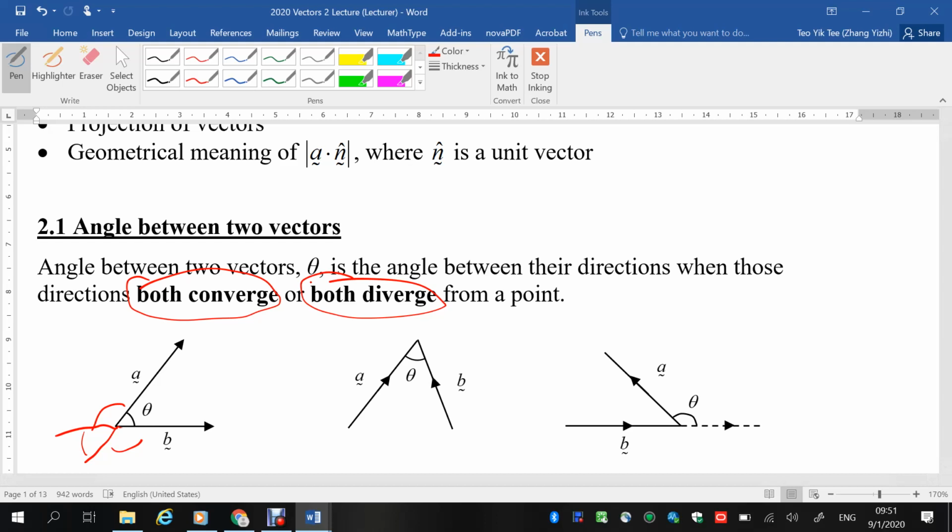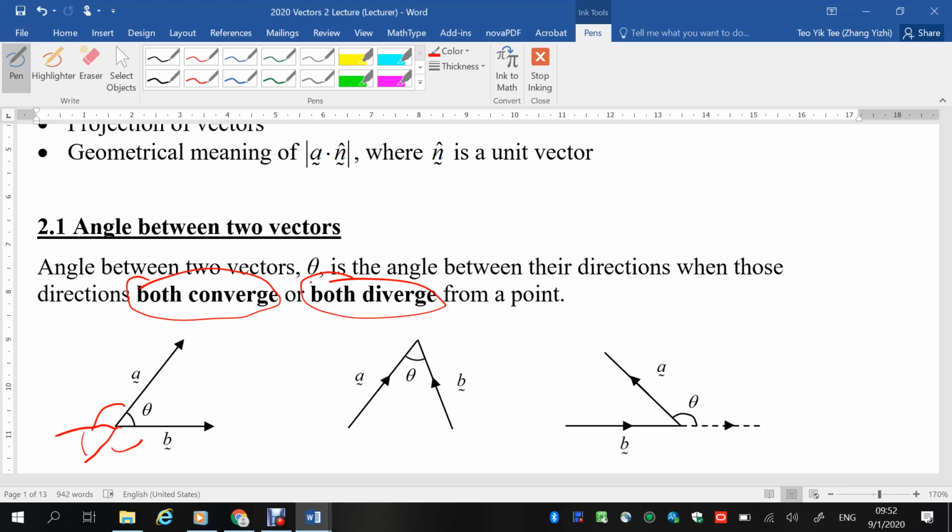Just now I told you there are so many possibilities. Which is the one that we are interested in? By convention, if A is here, B is here, they must come out from the same point, and then this angle theta will be your angle. So this is when they diverge from the same point. If they converge to the same point, this is the angle.